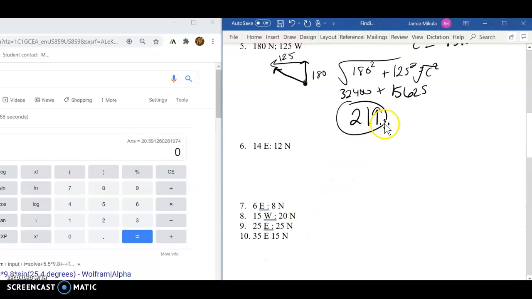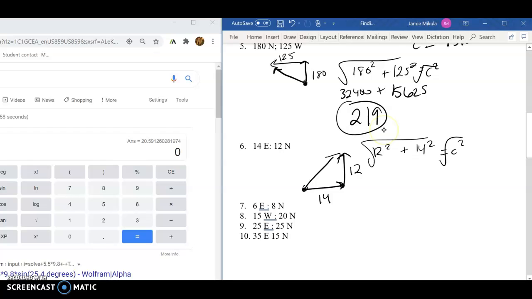All right. Number 6 is 14 east and 12 north. So first I'm going to go east. Oh, that's west. Sorry. Start here, go east, 14, and then from there I'm going to go 12 north. So my resultant will look like that. So 12 squared plus 14 squared equals c squared.